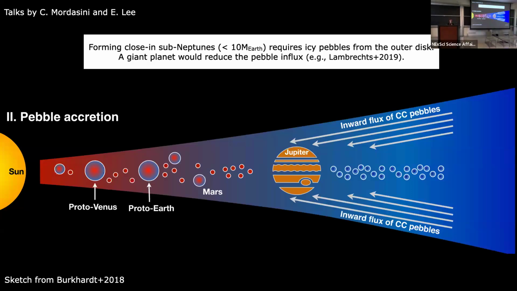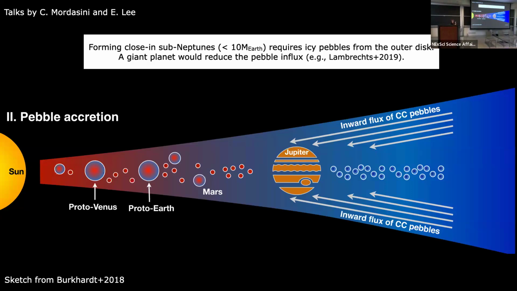So we heard, in previous talks, about different ways you can form planets, different theoretical models. And so here, just for brevity, I want to illustrate the pebble accretion model, which seems to explain some of these trends.